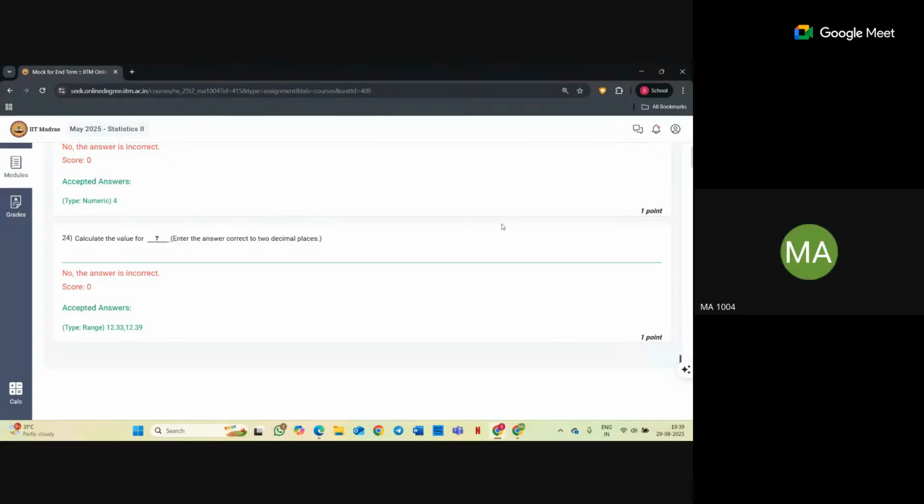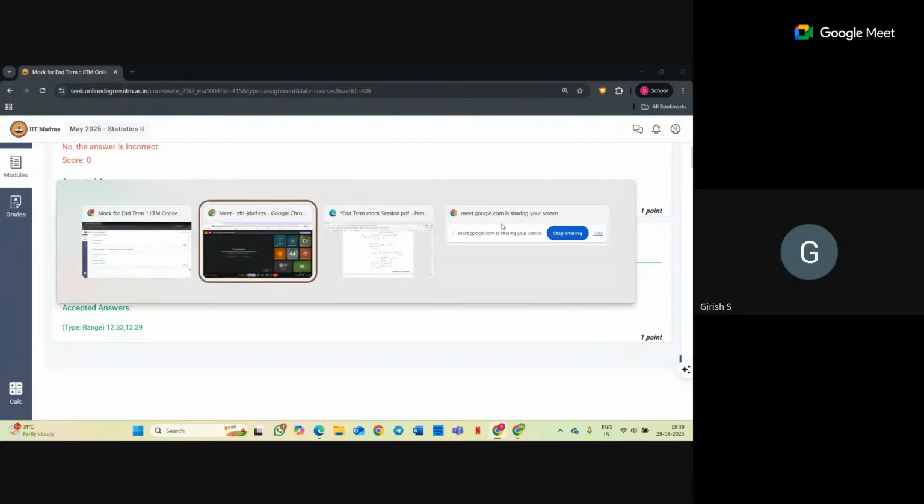If they're saying that we have to enter the answer, then you have to enter the answer. Otherwise, you just have to write the option number. Mostly, for questions like calculating the value of C, you have to write the answer, not choose from the options. It won't be there. Okay, right.